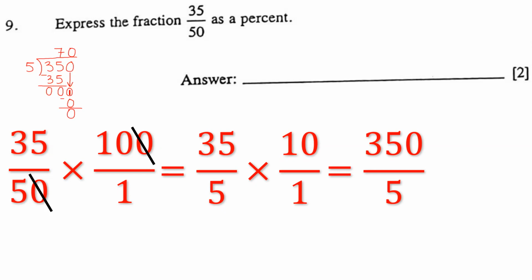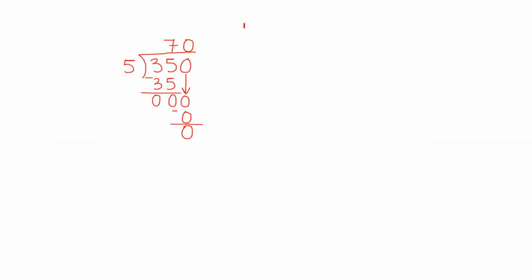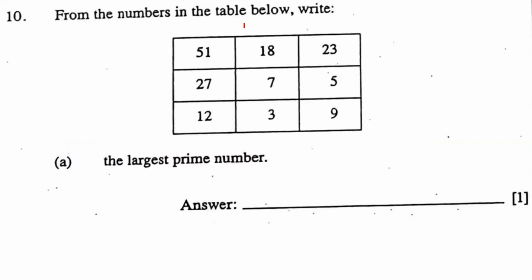We subtract 0 and 0 and we get 0. So the answer to this division problem is 70. And so that means that 350 divided by 5 is going to be 70. And so that means that the fraction 35 over 50 as a percent is 70%. Okay, let's move on to question number 10.